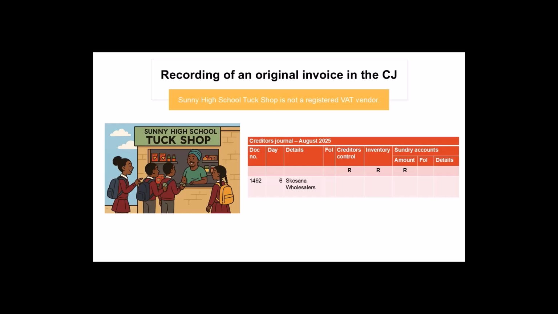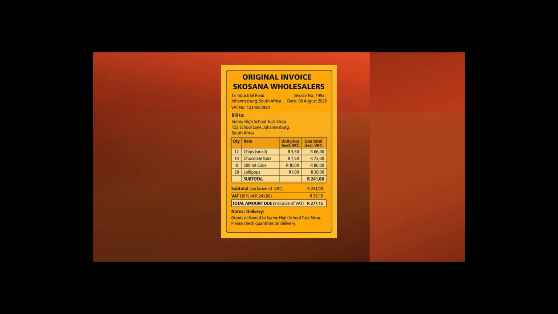So for our high school, we will have to go back to our invoice now and search for the full amount, including value-added tax, to record. Okay, so on the invoice, we will see a quantity, item, unit price, and the line item total. We purchased chips and chocolate bars, Coke and lollipops.